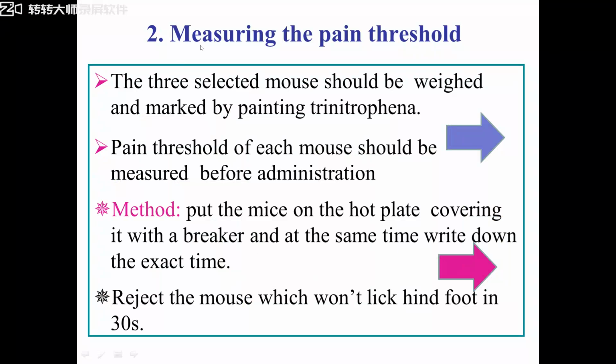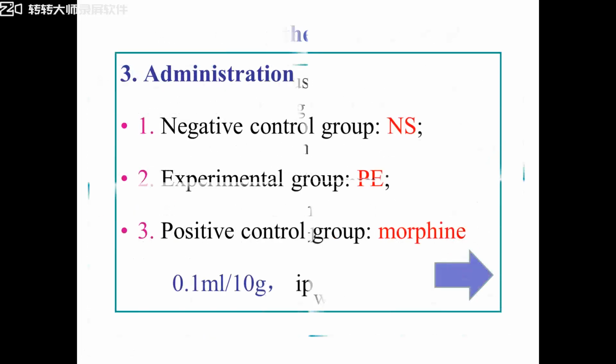Okay, so we finish the second step of this experiment, measuring the pain threshold, and then we give the drugs. The first mouse, we give a subcutaneous intraperitoneal injection of normal saline, as the negative control group.